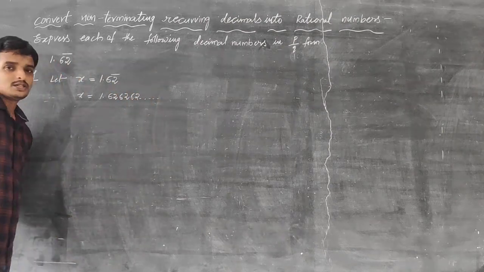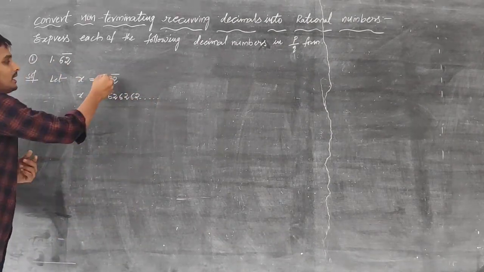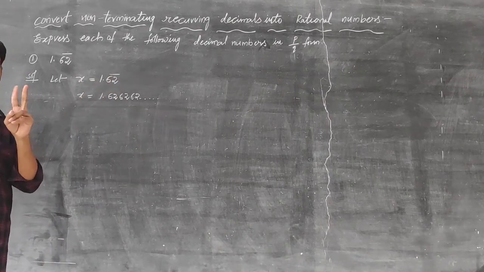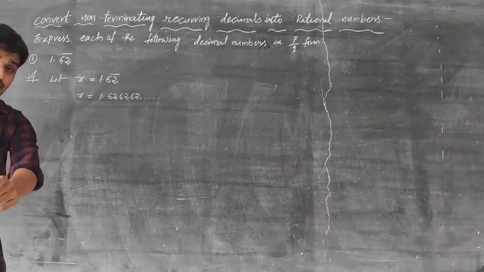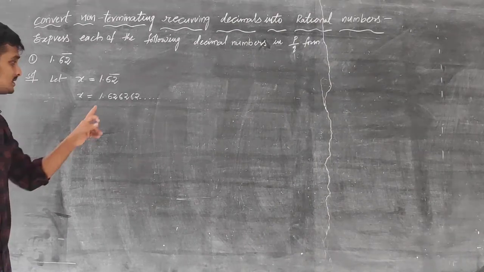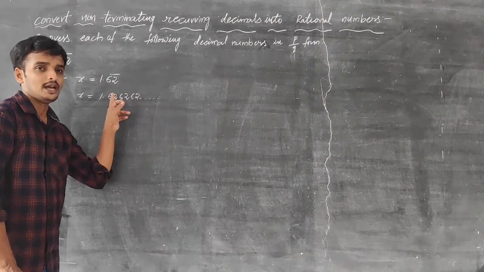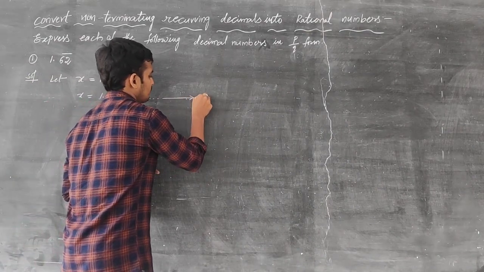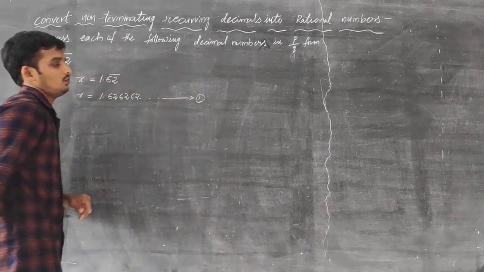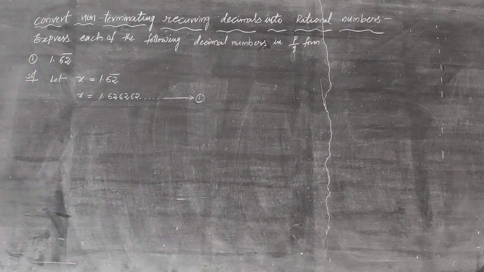Am I right or no? Under the bar there are two digits, 6 and 2. So 6 and 2 are repeating continuously with no stop. That means 62, 62, 62, 62, and so on. We call this equation number 1.